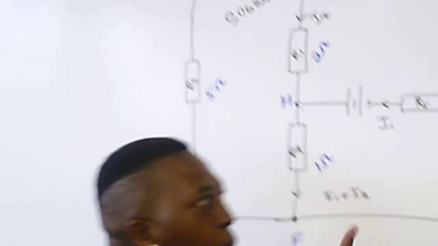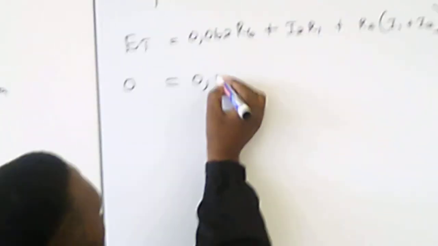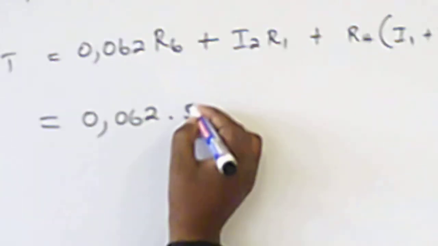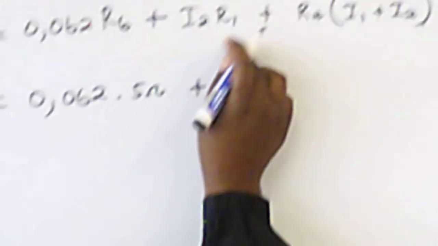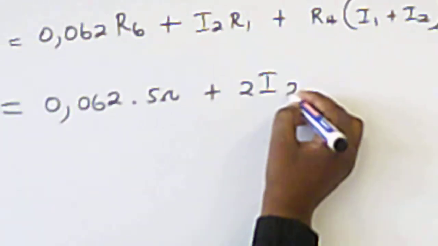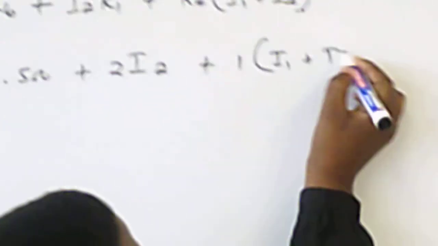Now we have to remove the brackets. You ask yourself a question with the EMF: is it passing through the supply? No. If it's no, then here it's 0. Now you multiply 0,062 with 5 ohms, plus R1 is 2, I2, plus R4 is 1 into I1 plus I2.